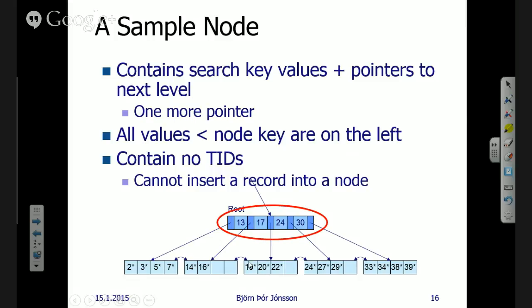So that's one way. Also order by. If you say I want to order this in decreasing order, then you might start here and then go here. So that's the reason why. And in an 8K page, 2 4-byte pointers would not be that much overhead.